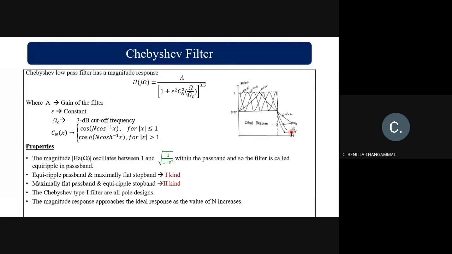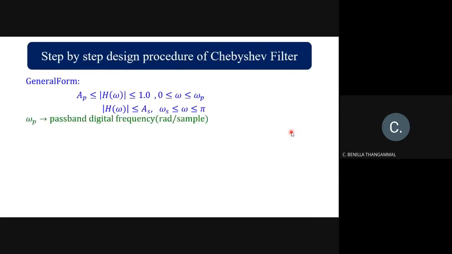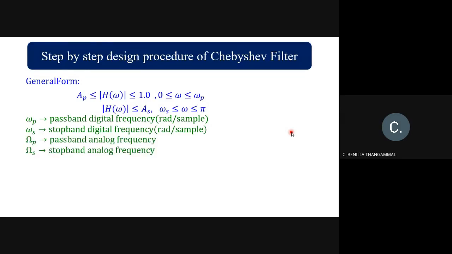Now we can see the steps for the Chebyshev filter. Here is the step-by-step procedure. The parameters you are going to use are: Ap less than or equal to modulus of H(jΩ) less than or equal to 1.0 for 0 less than or equal to Ω less than or equal to Ωp, and then modulus of H(jΩ) less than or equal to As, where Ωs less than or equal to Ω less than or equal to π. So ωp is your passband digital frequency, ωs is your stop band digital frequency, Ωp is the passband analog frequency, and Ωs is the stop band analog frequency.